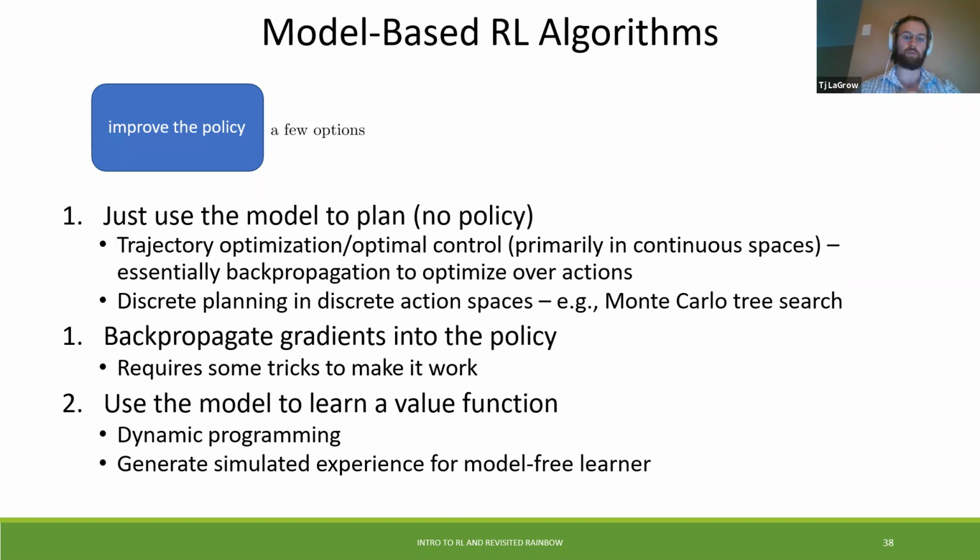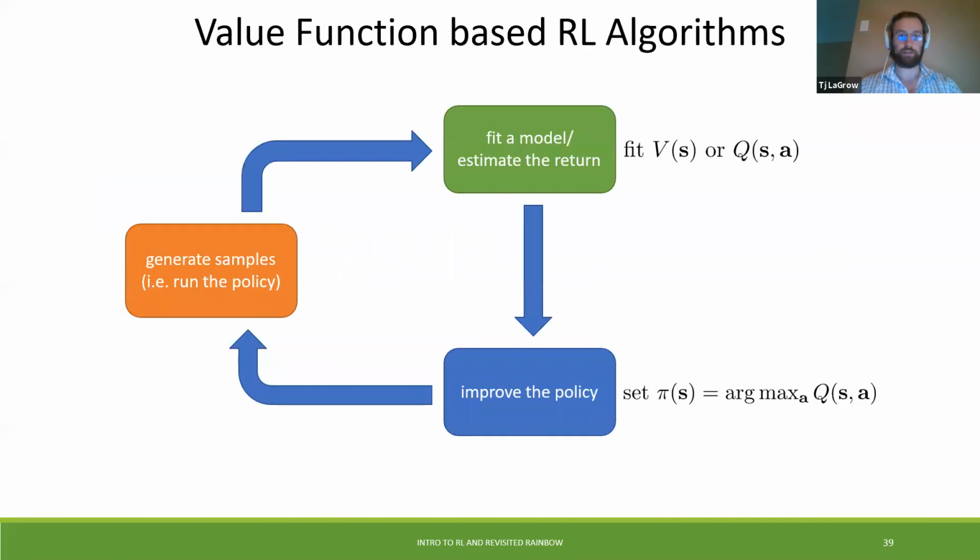But there are also ways to learn the value function here with dynamic programming, doing some linear convex optimization, and generating simultaneous experience from model-free learners. There are also value-based functions as well.